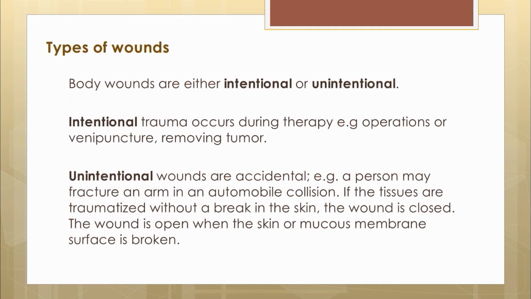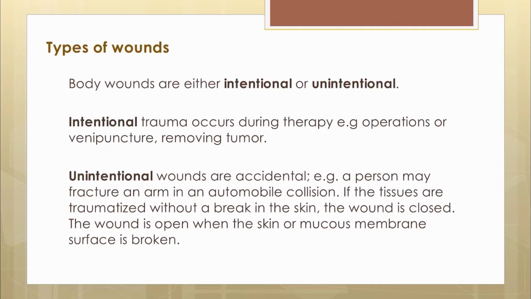Types of wounds. Body wounds are either intentional or unintentional. Intentional trauma occurs during therapy. Example, operations or venipuncture, removing tumor. And unintentional wounds are accidental. Example, a person may fracture an arm in an automobile collision.